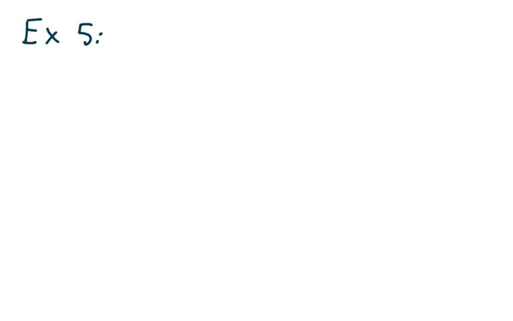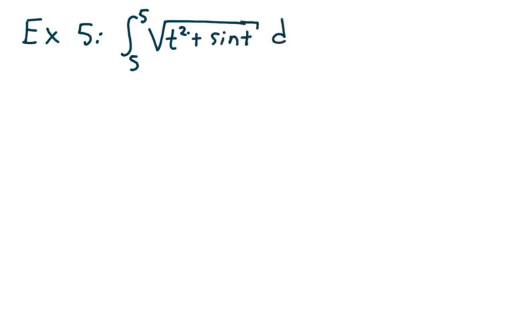Suppose I had this. One that I want to point out because it's very fast. Suppose the lower limit and the upper limit match. So in other words, suppose the lower limit and upper limit are 5 in this problem. And then we get t squared plus sine t. So you're getting something totally outrageous to integrate.